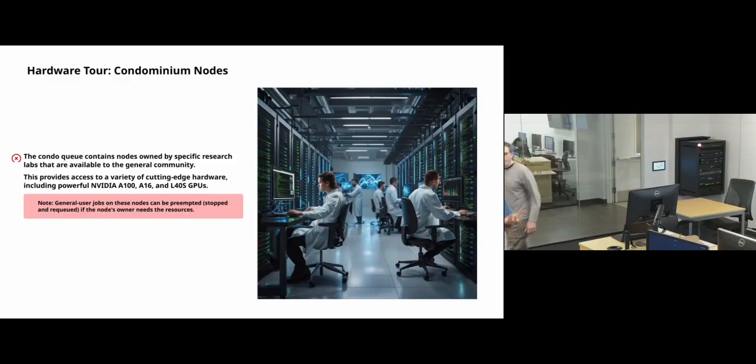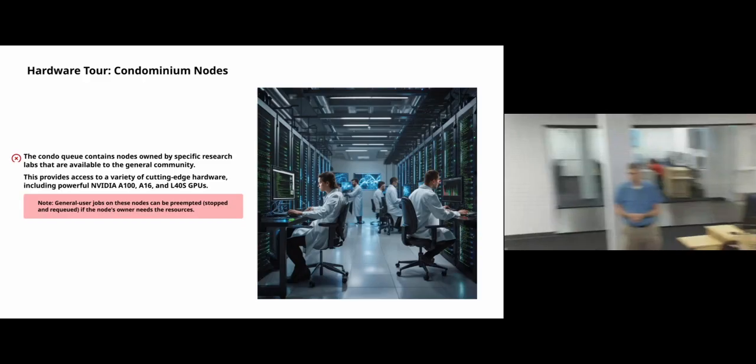The different professors have purchased these nodes using research funding, and they belong to their lab, right? However, they're still available to use by everyone whenever those nodes are not being used by the lab, right?